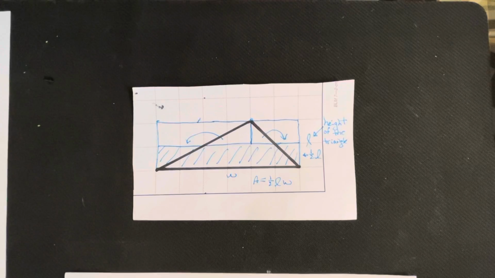Now notice this is literally 1/2 the height times the base. So you might want to think, well, how could I get it so it was more literally 1/2 the base times the height?